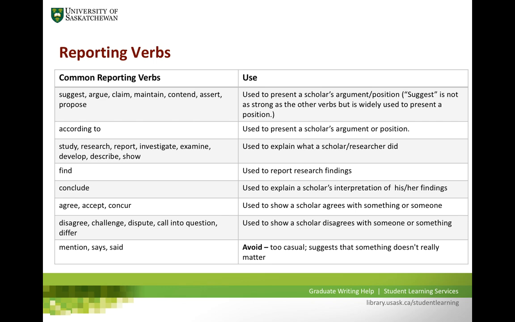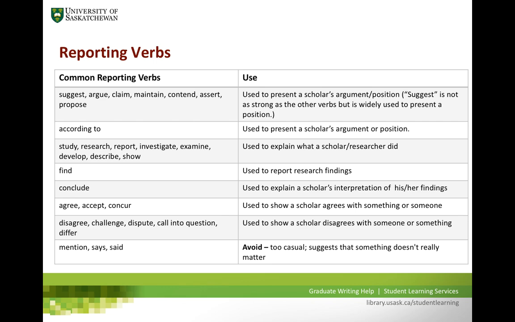And in the final line, we have these three verbs, mention, says, and said, which is the past tense of says. I put them there because I'd like you to avoid using them. Why? Well, they're pretty casual, and so they suggest that something doesn't really matter, especially the verb mention.